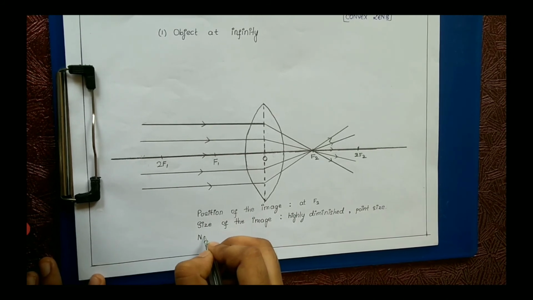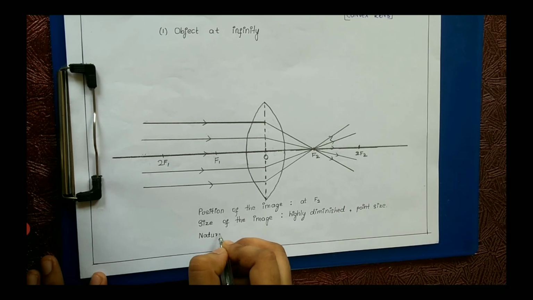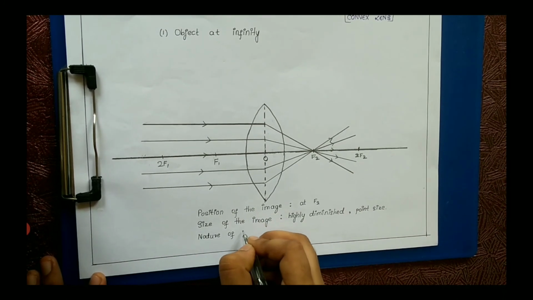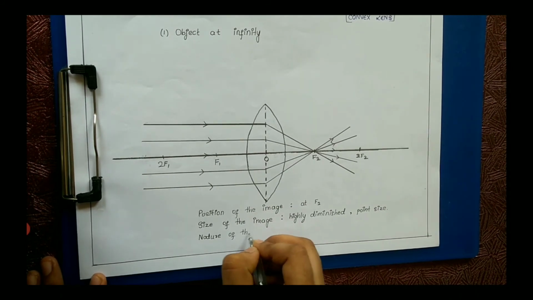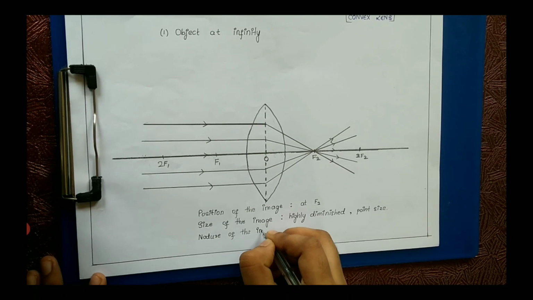Then you write what is the nature of the image. It is an image which forms on the other side of the lens. You can catch this image on the screen.